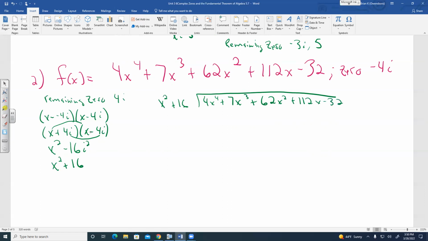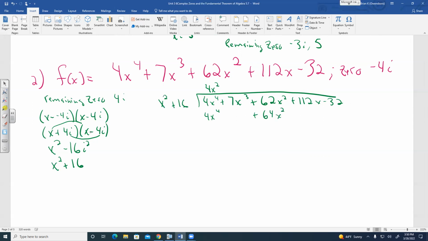So again, all we got to do is focus on this front part. x squared times what gives me this 4x to the 4th? I need a 4 and an x squared. So 4x squared times x squared would be 4x to the 4th. That's what we need. And 4x squared times 16 is 64x squared. That's going to go down here.